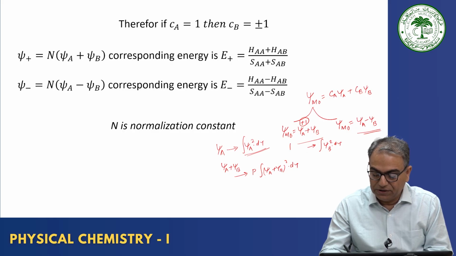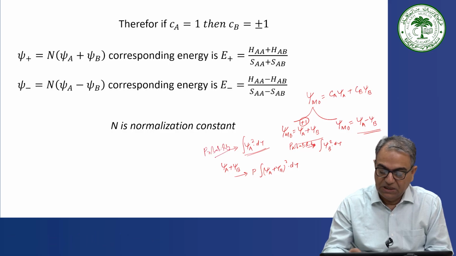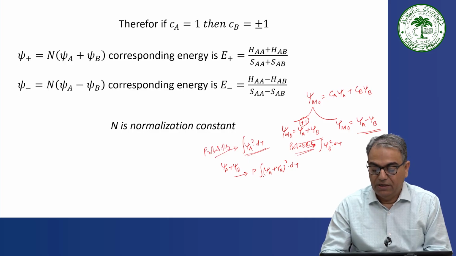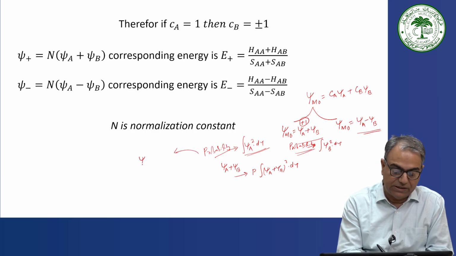So individual functions psi A and psi B give you probability of finding electron as psi A square and psi B square, summation of psi A and psi B. Okay. So if you add these two probability, what do you get? You get psi A square plus psi B square.